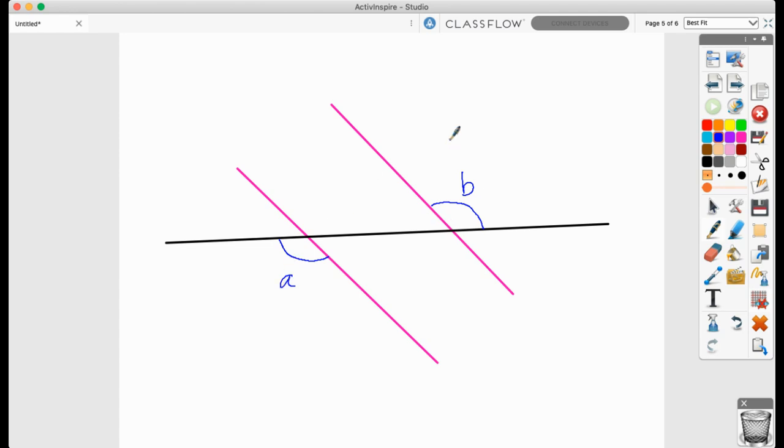So these angles are going to be the same because they are alternate exterior angles. That's their relationship to each other. They're on the outside of the parallel lines on opposite sides of the transversal.